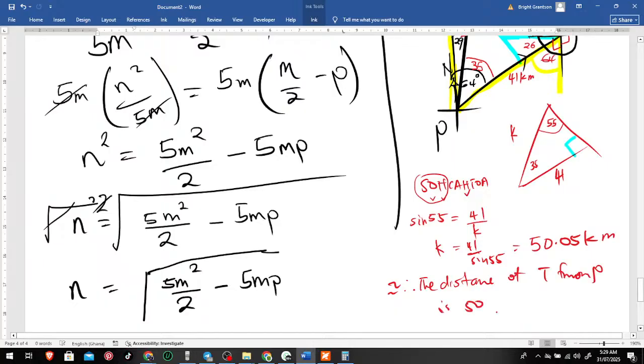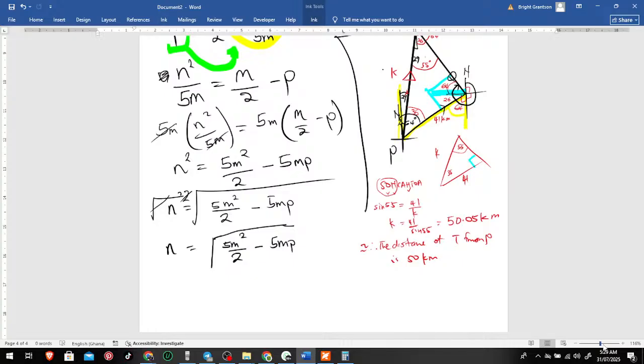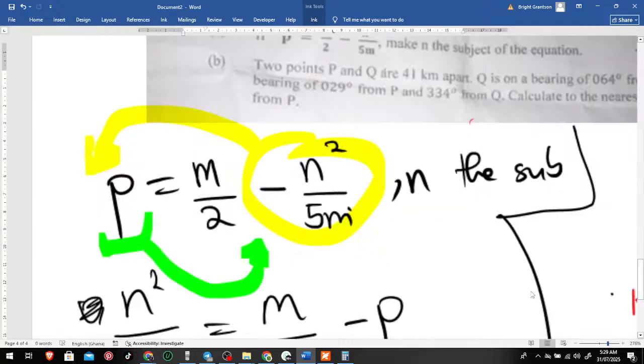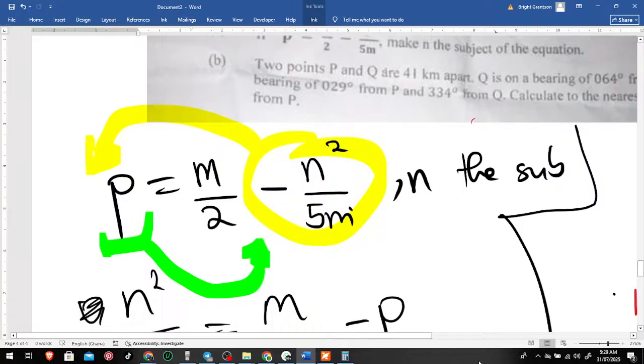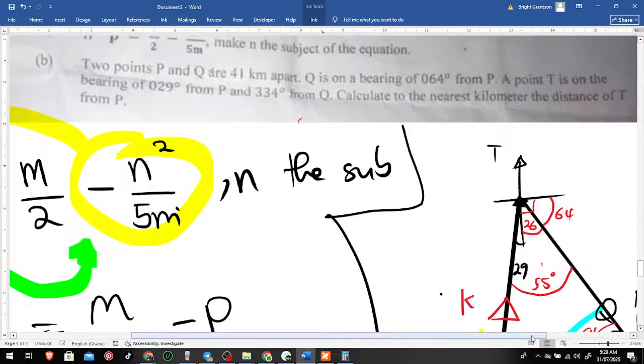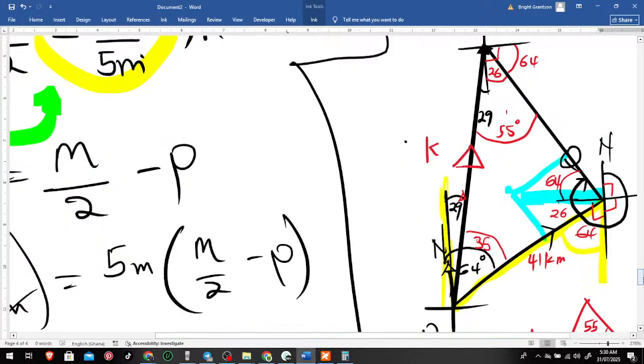So that's the solution. The diagram may be sketchy, it may be too scattered, but that's how it is. It is what it is. And this is geography stuff. This bearing stuff, you have to draw it as it is. Right.